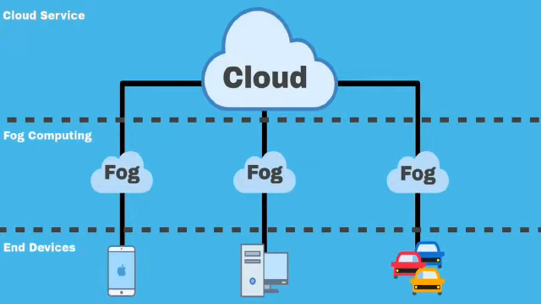This is a simple image, from which we can understand the working of fog. At the bottom are devices such as mobile phones, PCs, and things like vehicles, and on top we have cloud services. In between we have fog computing.